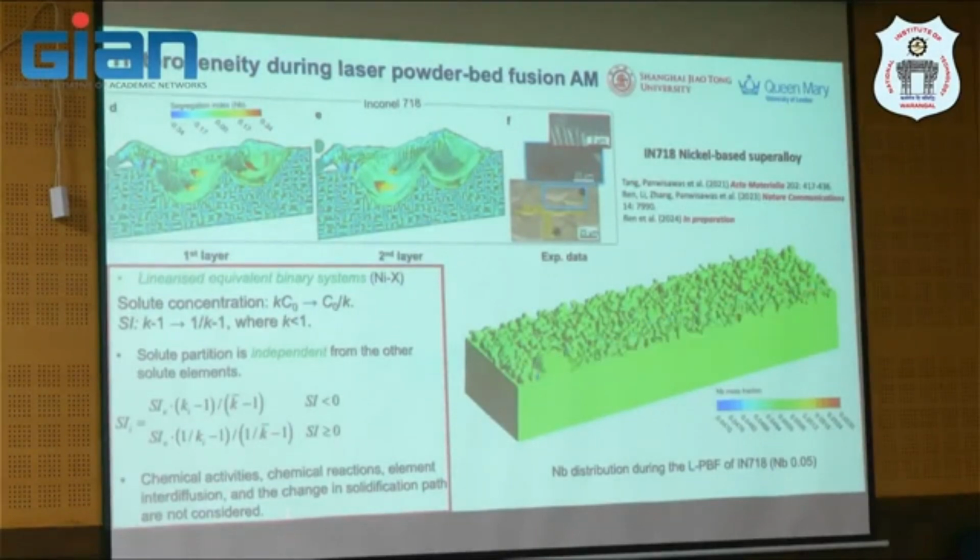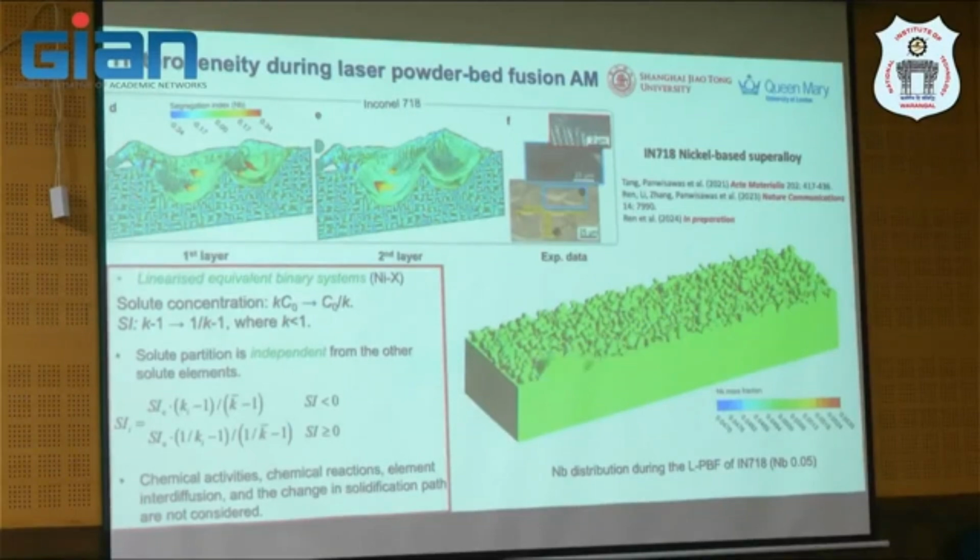This is just an overview for modeling different length scales. You will see we can use this model to predict the heterogeneity in powder-based fusion. I mean, nickel-based superalloy. We published this already in Nature Communications, I think early this year, 24 or end of 23. So you will be able to predict some kind of ripple here, and this is the niobium segregation profile.